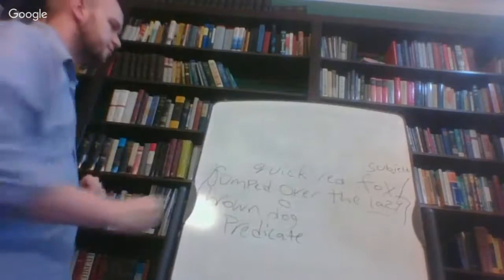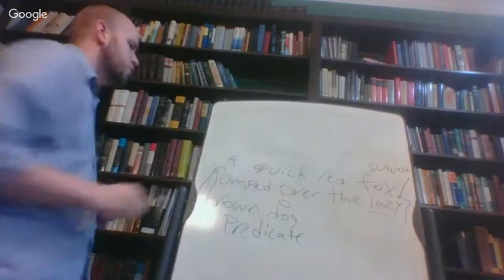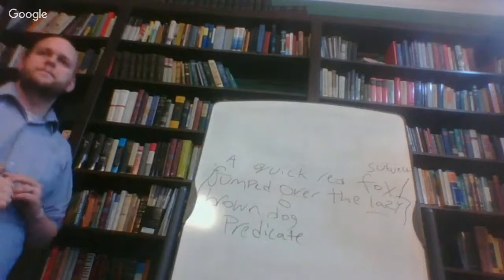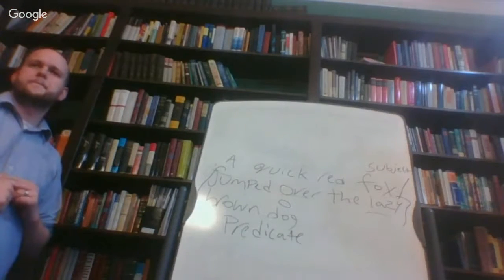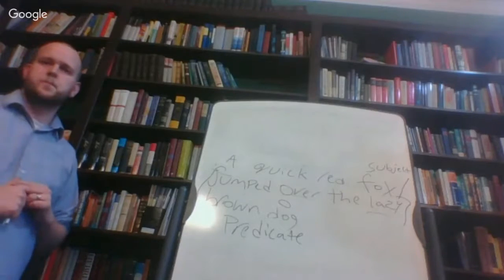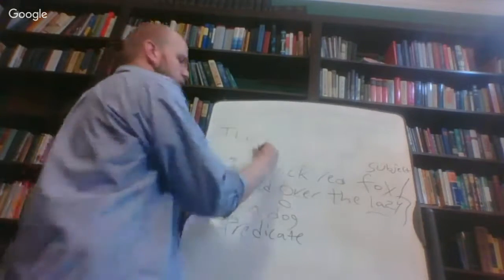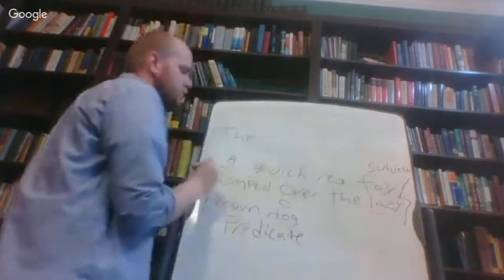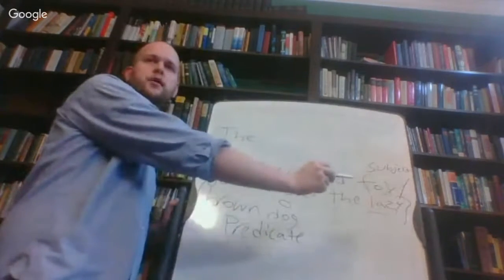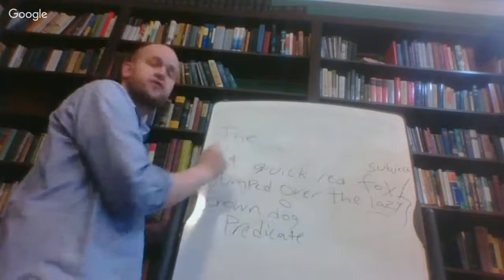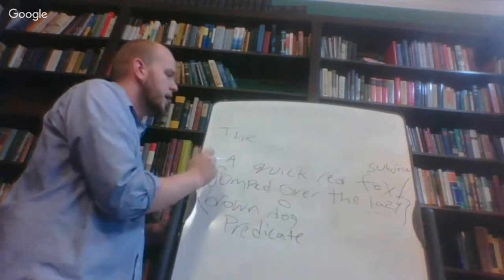If I were to change the to an a, what does that do to the sentence? We're moving from a specific, the quick red fox, to a generic, a quick red fox. We're saying a lot just by changing the article.